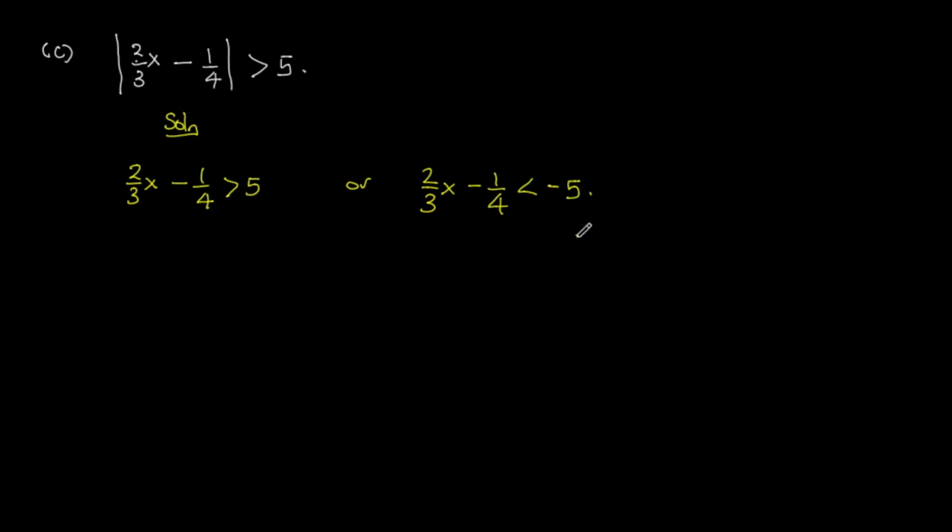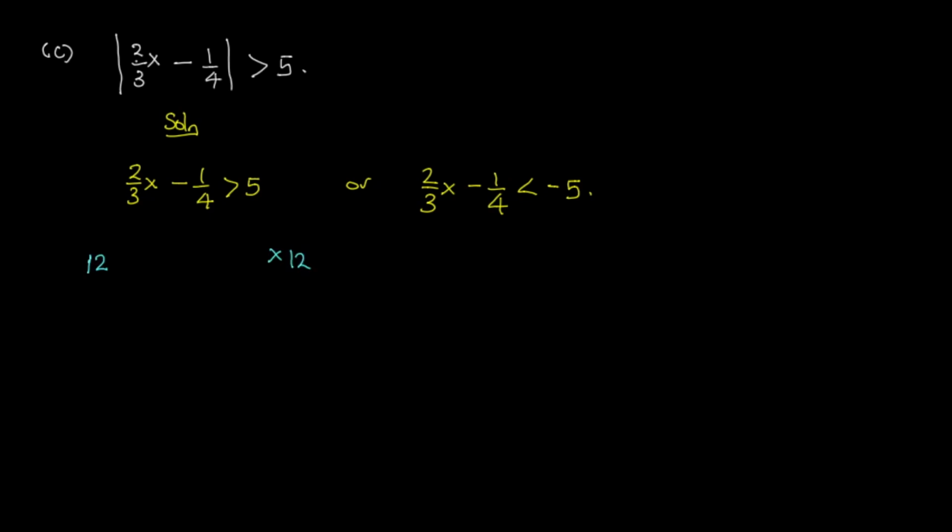Having looked at this, we'll get the LCM of 3 and 4, so that is 12. We multiply 12 by the left hand side, and we also multiply the right hand side by 12.